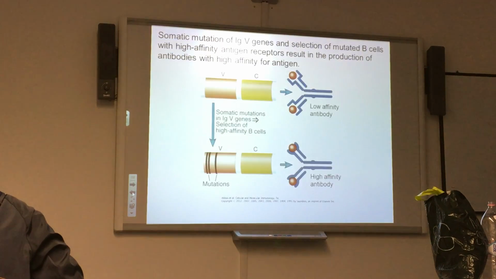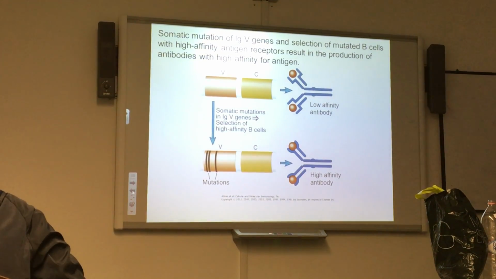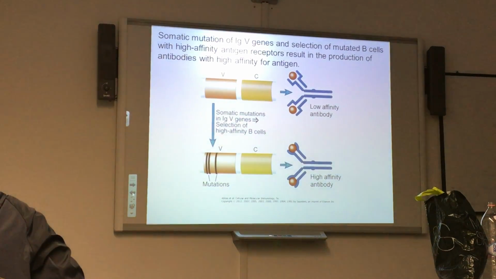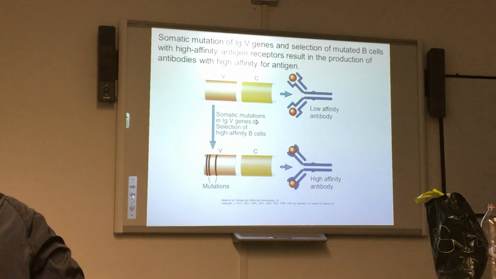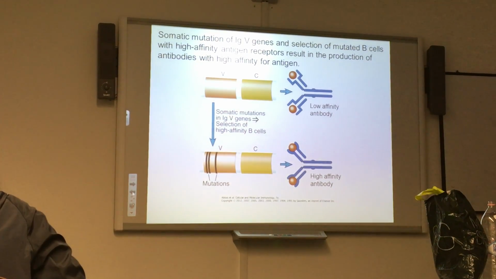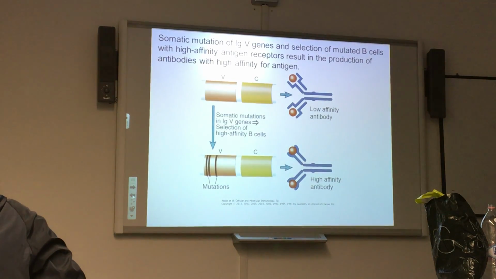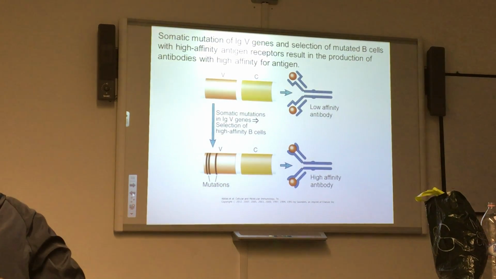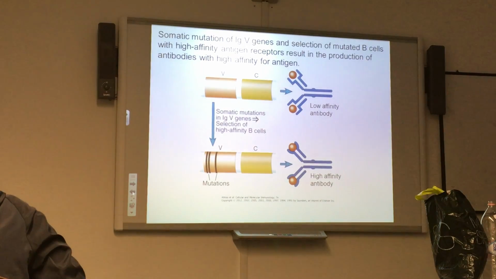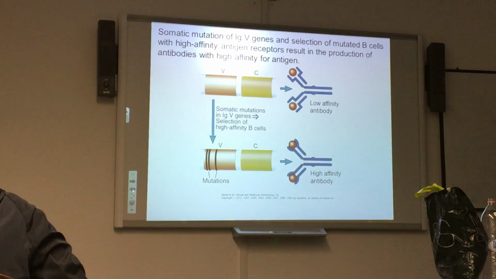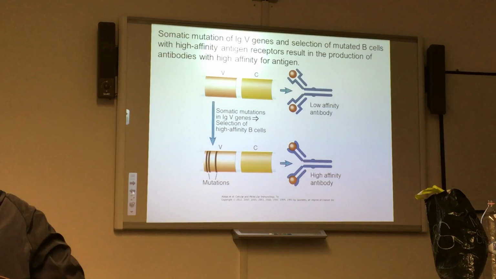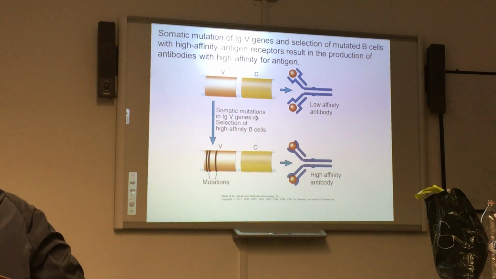So what is the affinity maturation? The variable site of immunoglobulin has different fragments in the gene, called CDR1, 2, and 3, but you don't have to know.